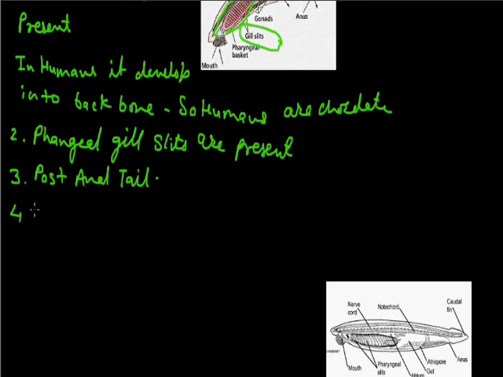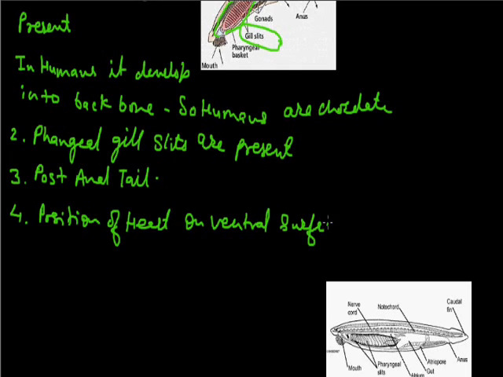Fourth point, if the animal has a ventral heart, the heart position is on the ventral surface, we call them chordates. Now, another important feature of this phylum: they have hemoglobin. Hemoglobin is the pigment or molecule which gives the blood its red color. So hemoglobin is present in the RBC.